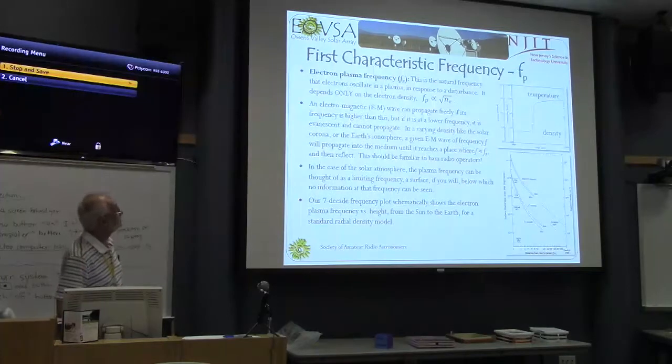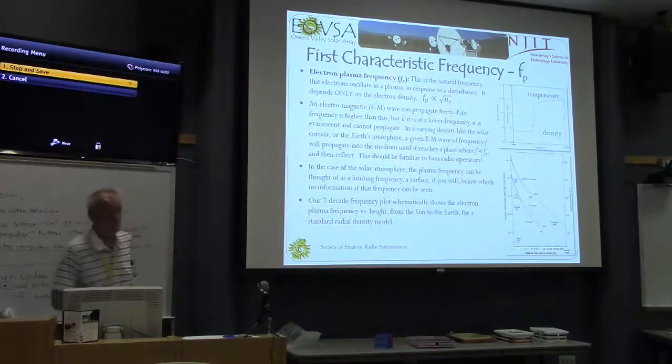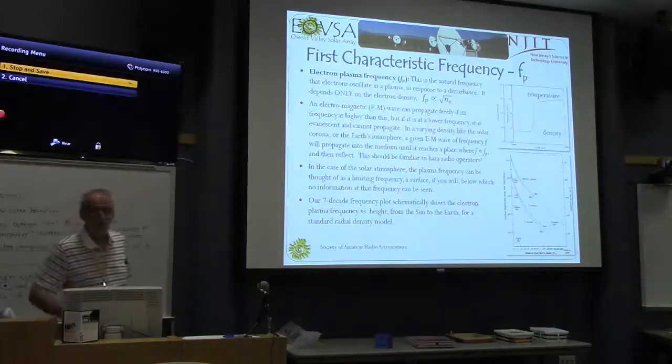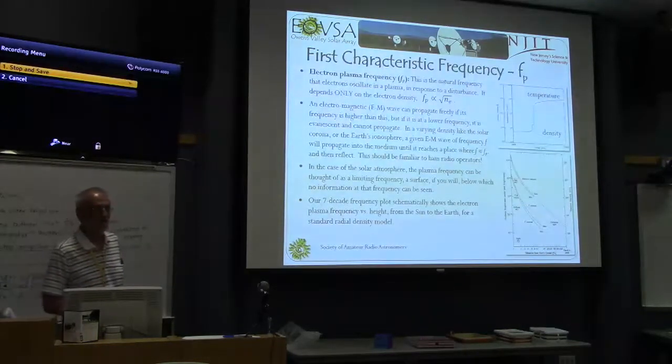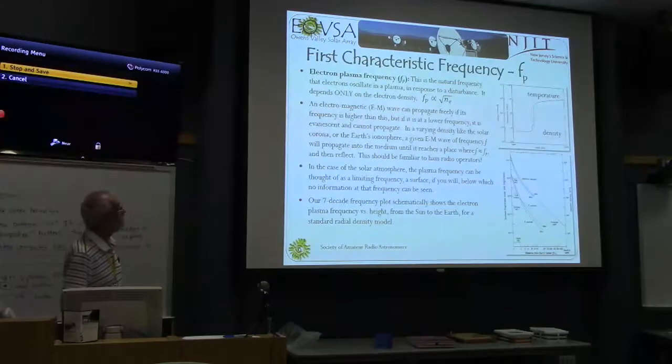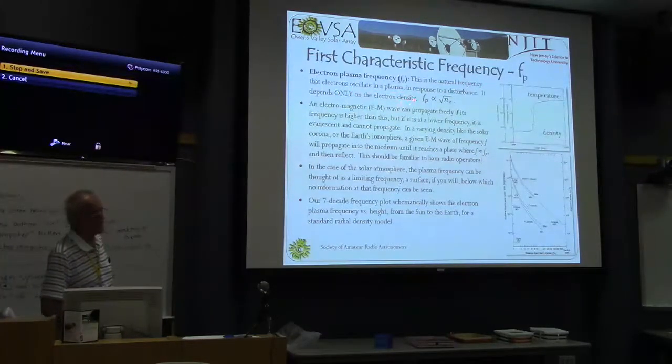So the first one, f sub p, that's the electron plasma frequency. I've heard many of you talking about ionospheric effects and things, so you're certainly well aware of this. It's the natural frequency at which electrons oscillate in a plasma in response to a disturbance. So it depends only on the electron density. It's proportional to the square root of the electron density.